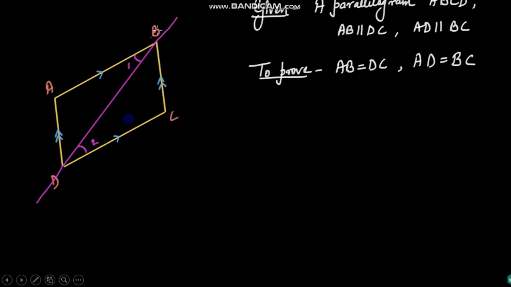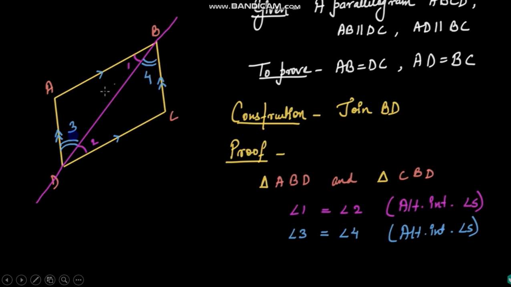Again, this angle and this angle are equal for the same reason. So angle 3 is equal to angle 4. The construction is: join BD.